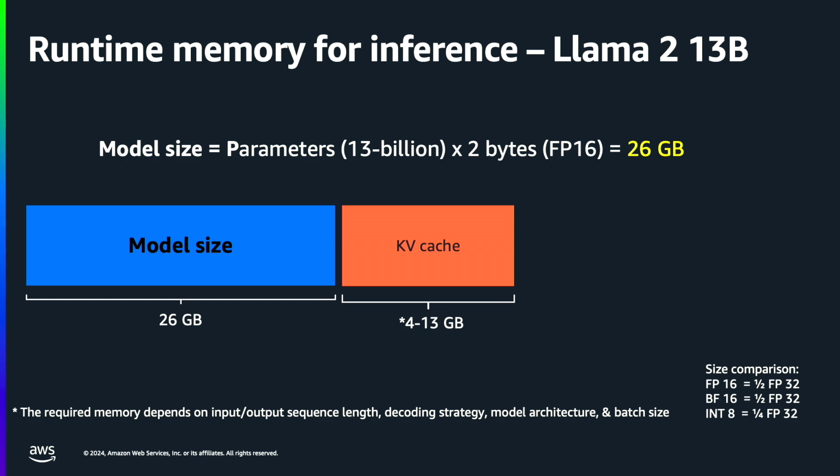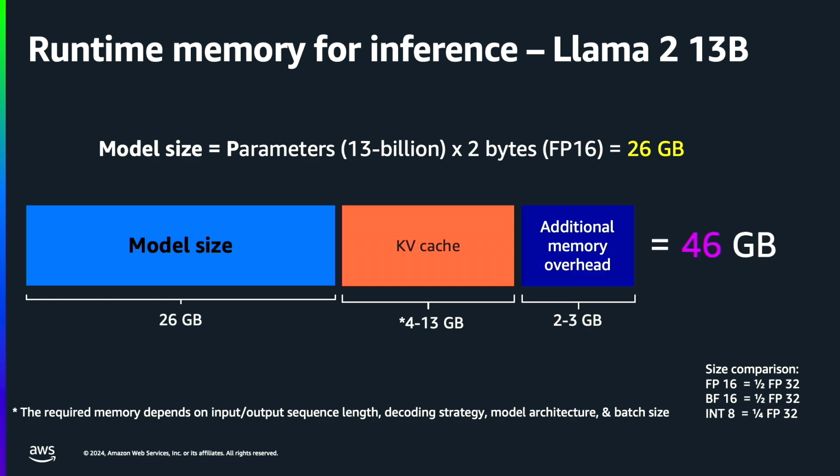That also occupies about 4 to 13 gigabytes of additional memory, which depends on the input and output tokens and the amount of concurrency that you wish to handle for your application. So the total memory required to load a single instance for Llama 2 13 billion for FP16 comes out to be approximately 46 gigabyte. Now, how did we calculate the KV cache size?